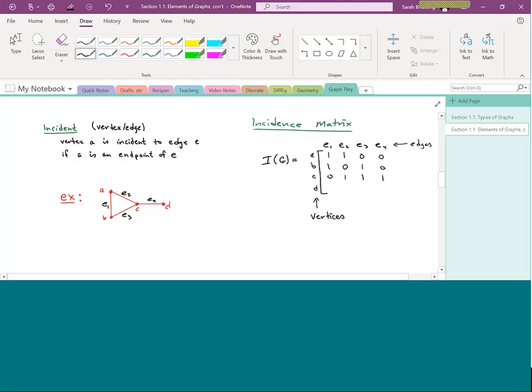So with vertex D, how many edges, or which edge? Yes, you guys totally got it. Vertex D is only incident to one edge, specifically E4, and let's close off that row. Now, do you notice anything interesting about the incidence matrix?